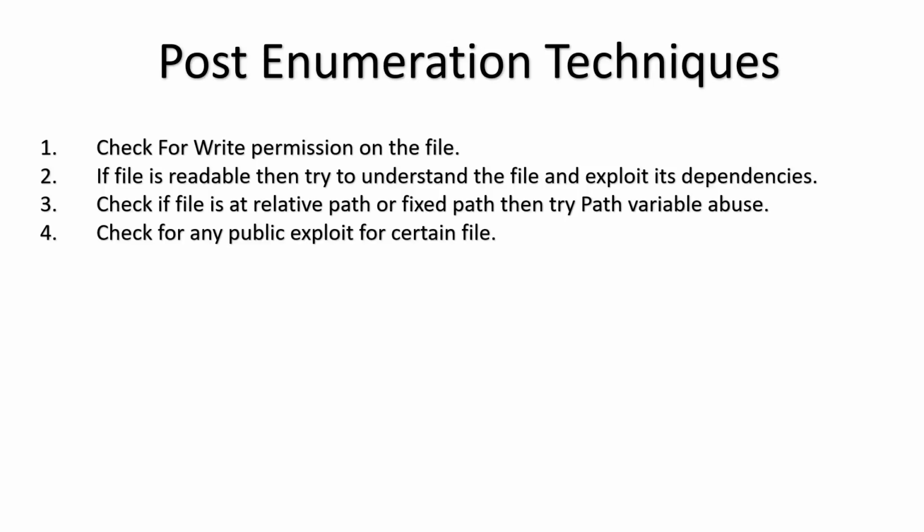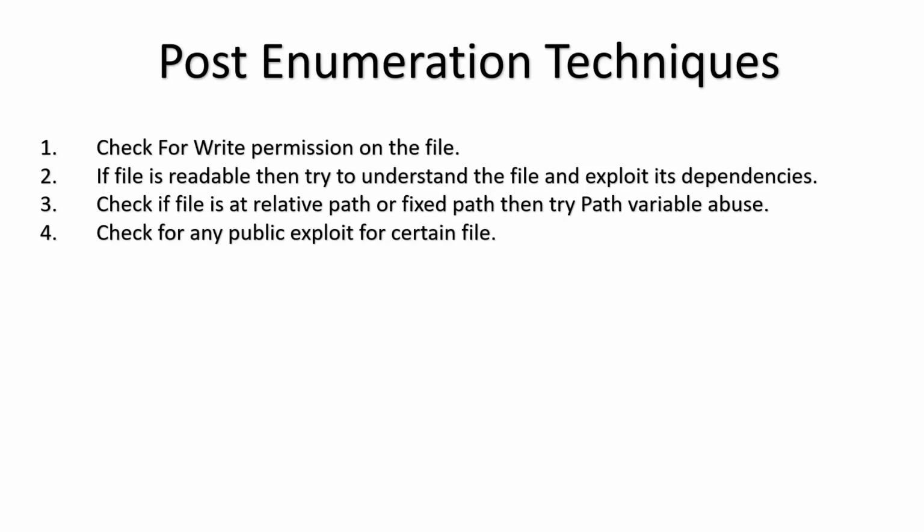But what's next? How can you abuse that cron job? There has to be some methodology that has to be implemented in order to get into higher privileges. So for that, I have created a few steps which you can perform, and they may help you. Not in all cases, but they may help you to get the correct technique.